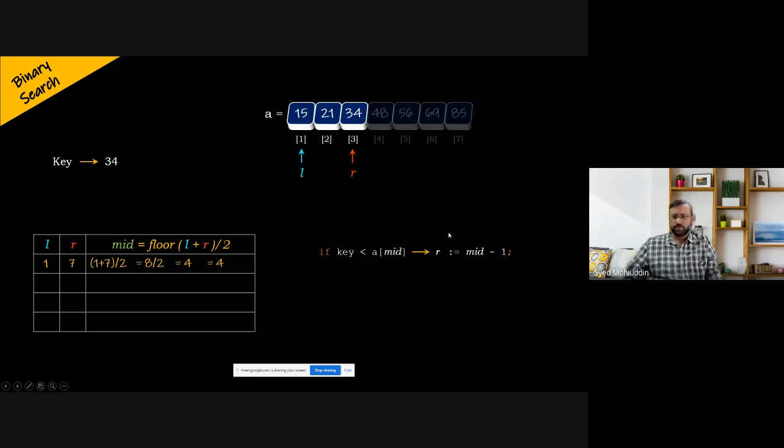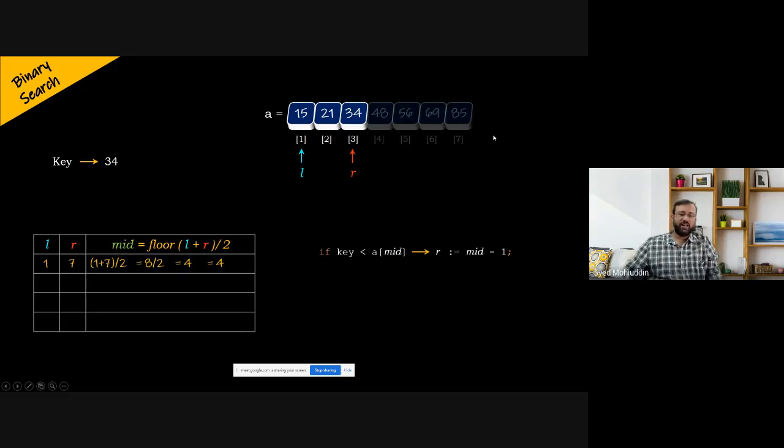Now, why are we saying R equal to mid minus 1? What we had is this entire set of elements as problem P. Now we have divided this into two parts, let's say P1 and P2, but P2 we are not considering.